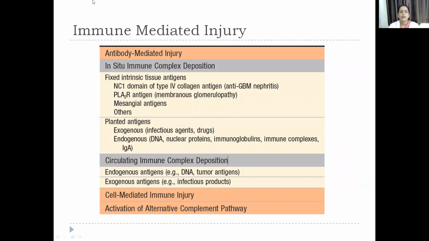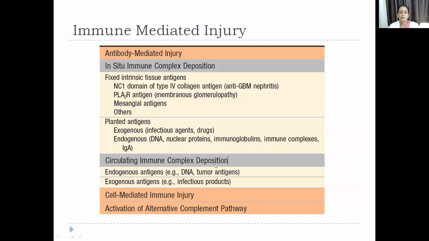So here, immune mediated injury is antibody mediated, in situ immune complex, that is either fixed intrinsic tissue antigens, that is non-collagenous domain 1, phospholipase A2 receptor antigen in membranous glomerulopathy, mesangial antigens, or the planted antigens, which are not normally present but get planted: exogenous agents, infectious agents, drugs that get planted in the kidney, and then endogenous agents like DNA, nuclear proteins, all of that.